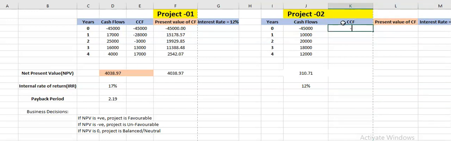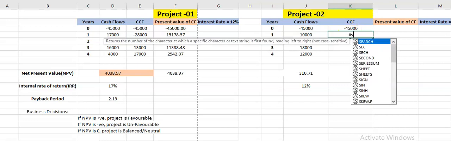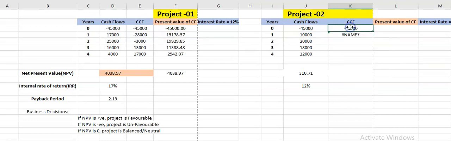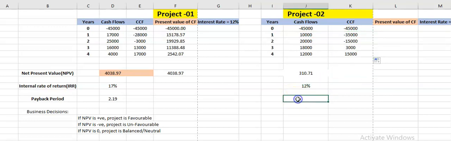First one is minus 45,000, then add, is equal to sum, start the bracket, 45,000 plus 10,000, here is minus 35,000, and just copy it. For the payback period, we should also know the last negative cumulative cash flow, that is minus 15,000 at year 2.